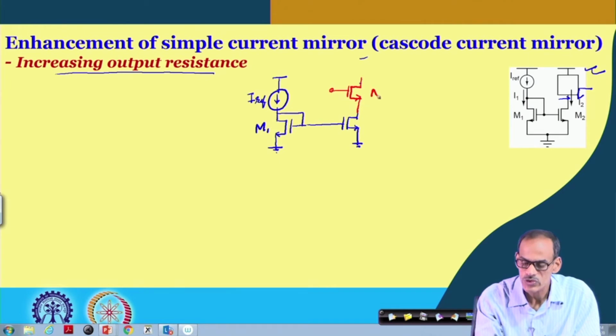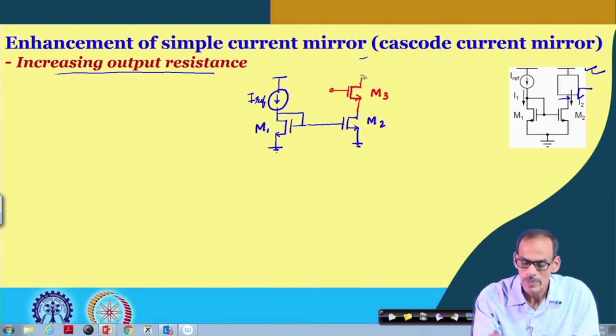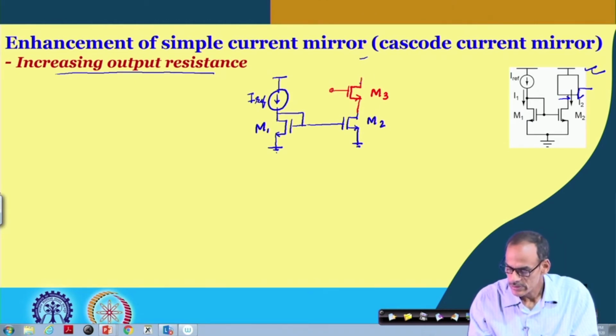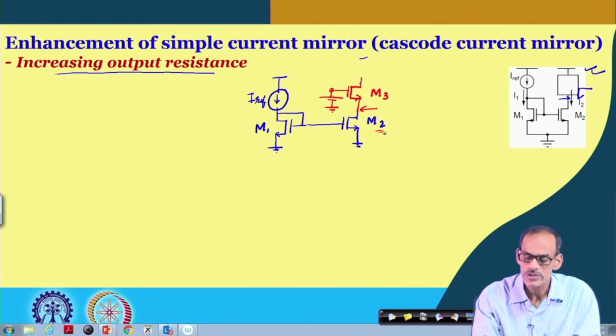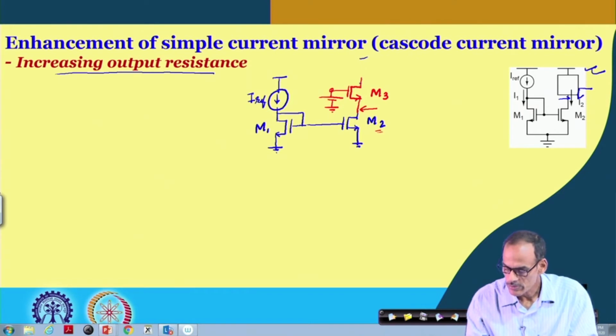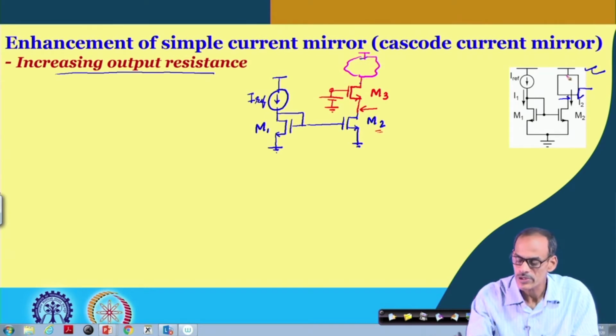If I call this transistor 3, and this is M2, we would like to keep a meaningful DC voltage here. When I say meaningful DC voltage, it is such that this voltage is sufficiently high, keeping transistor 2 in saturation. And of course, on top of this we have the application circuit, whatever the application circuit is.